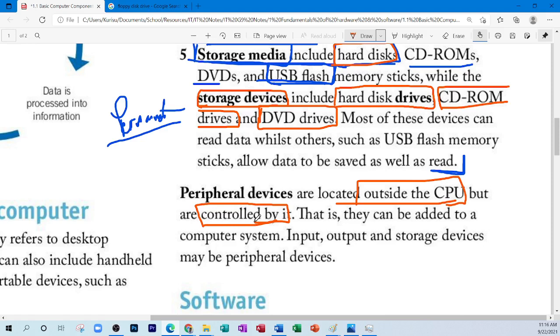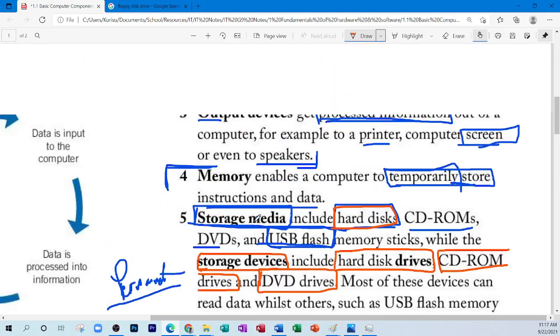So whatever you connect to your computer, if you connect your flash drive, if you connect your monitor, if you connect your keyboard, your mouse, your webcam, your printer, it's all going to be controlled by the CPU in your computer. Remember that CPU?